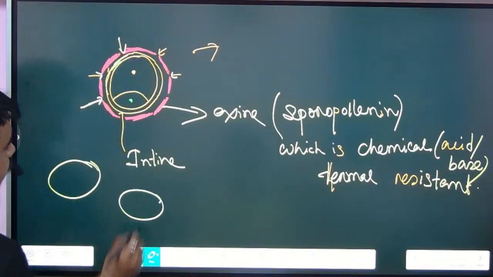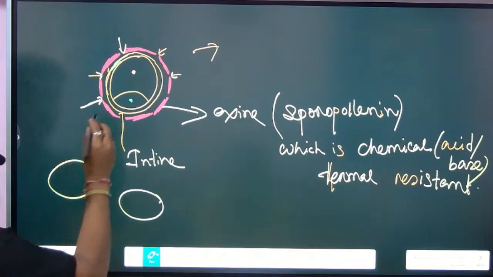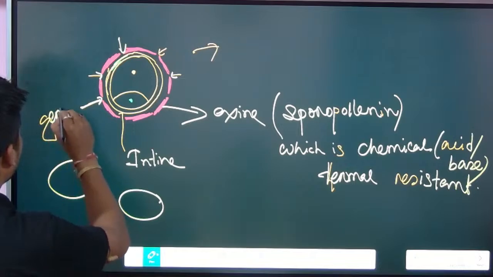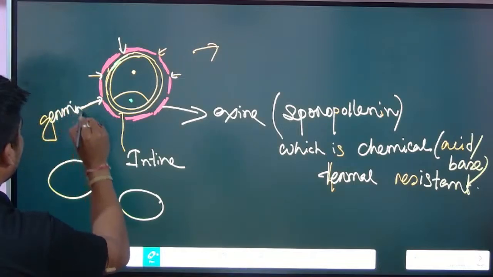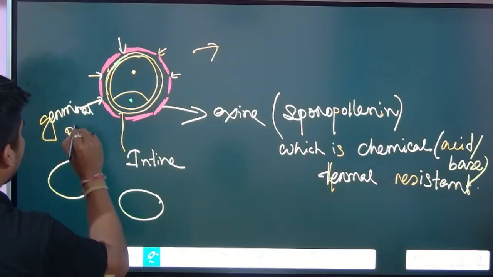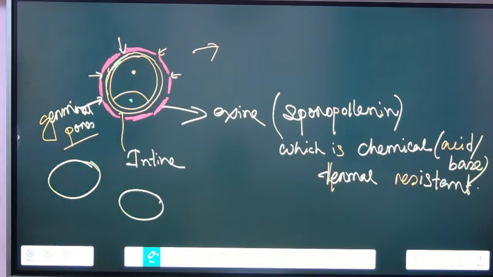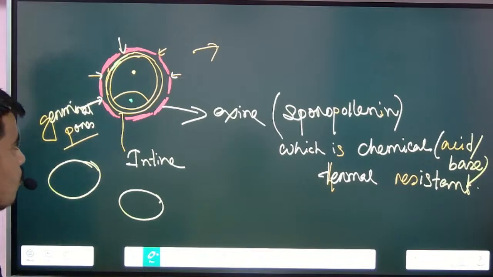Why are these kinds of pores present? These pores are present for what?